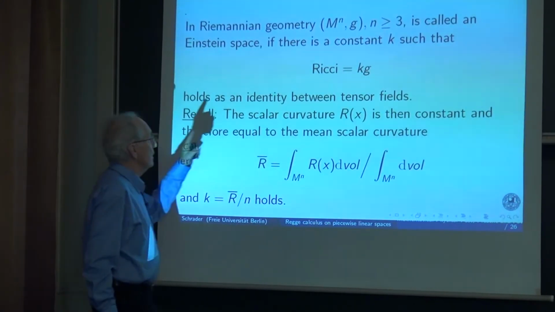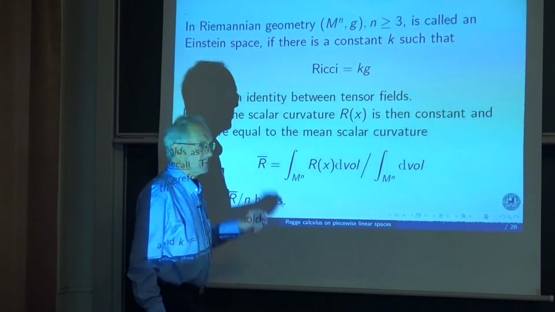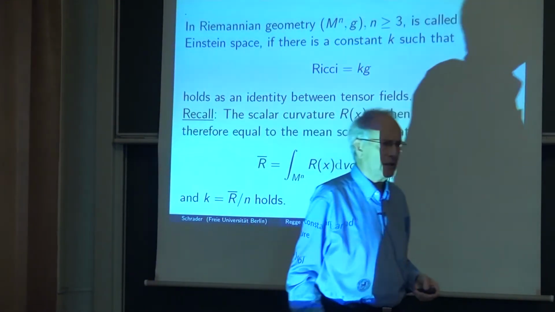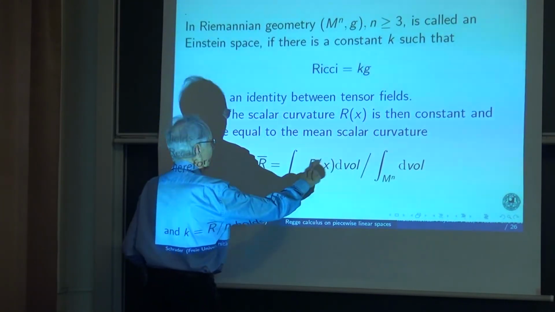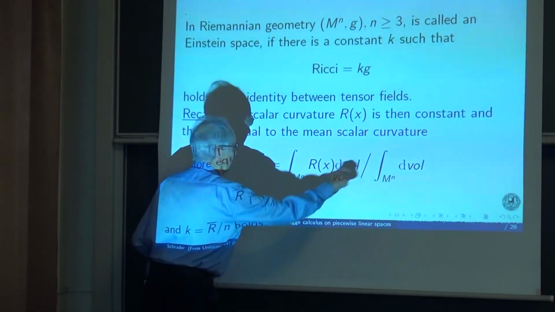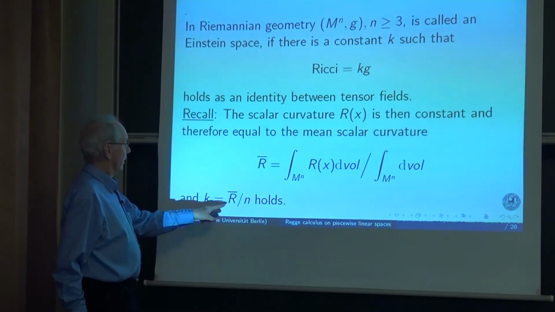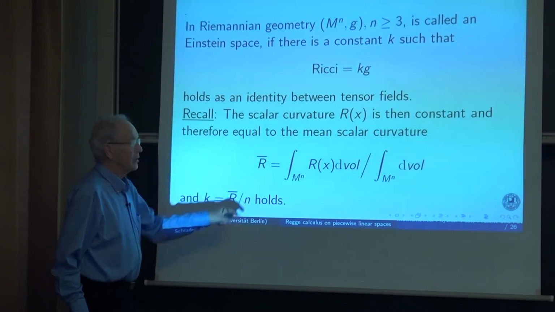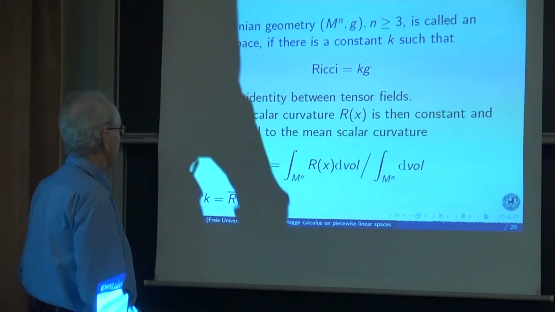Whenever this holds, I call this the mean scalar curvature, but one should say this is the average scalar curvature. You integrate the scalar curvature and you divide by the volume, and then this relation holds. That's a two-line argument. K is this quantity over n, so that's necessarily the case.